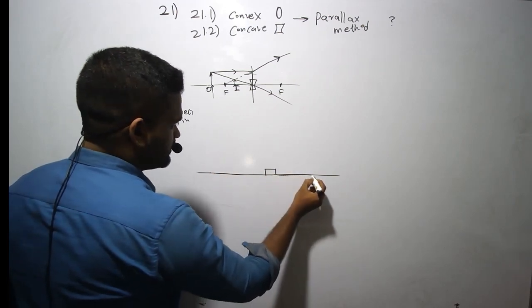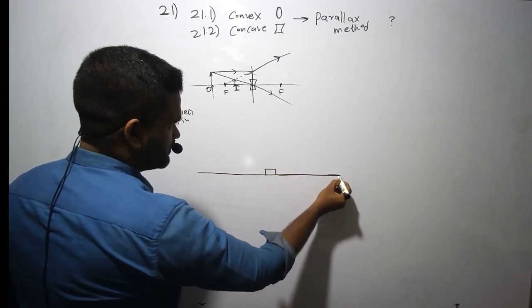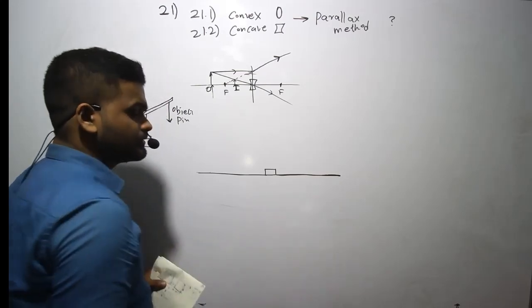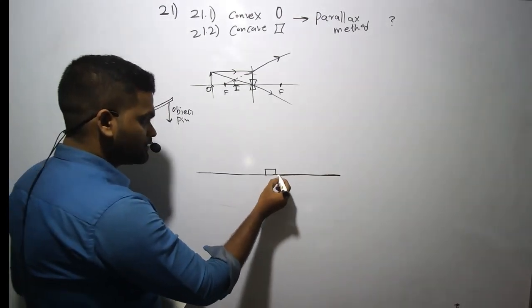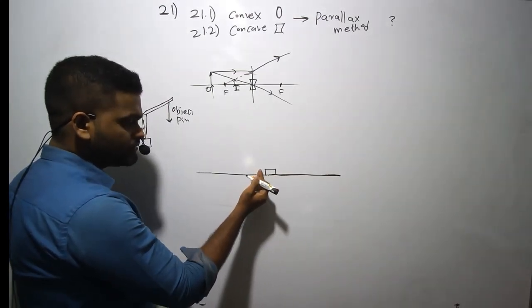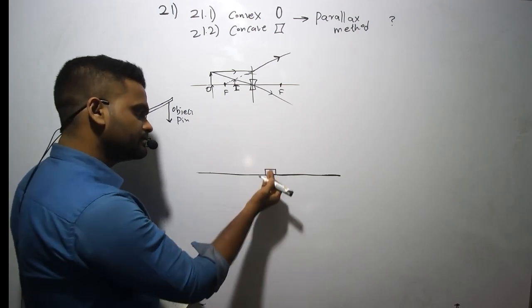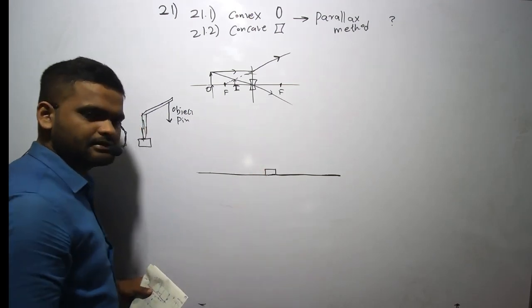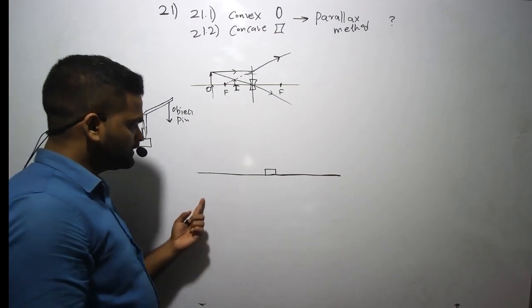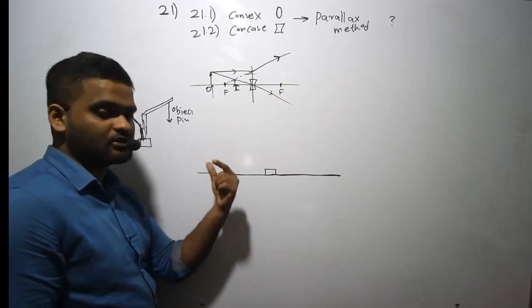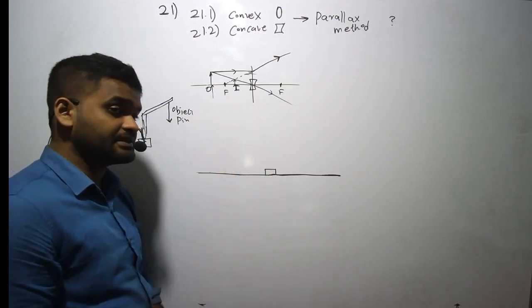So since we know that the images are going to form only between focus and the lens, actually we don't need to find the focal length approximately as well, unlike in the previous one, right?